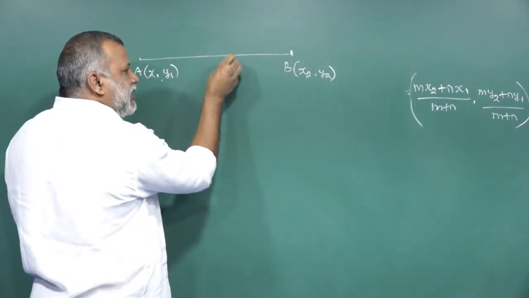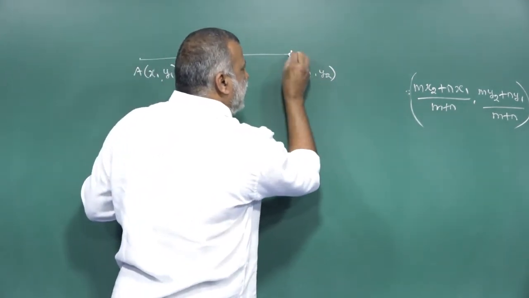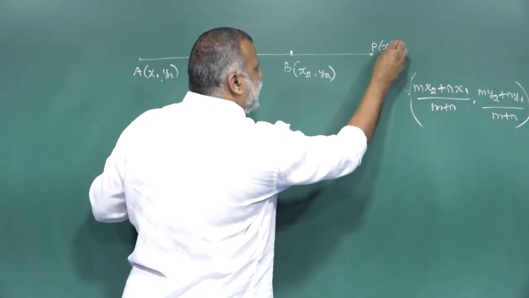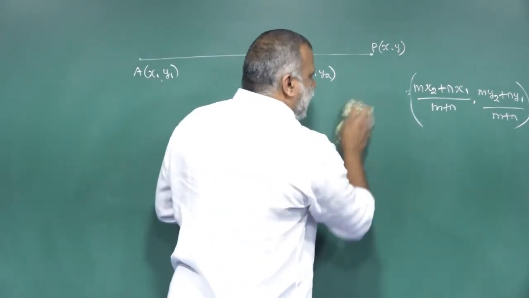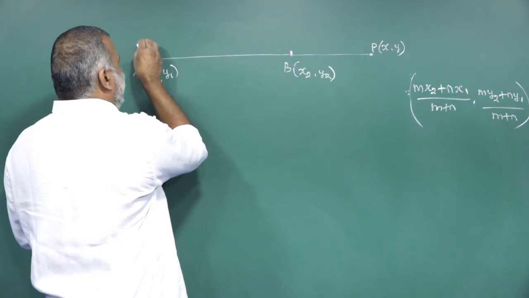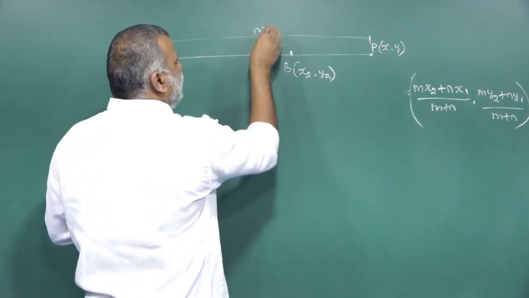Suppose P divides the line segment internally, which means inside. Now the point P is externally. So see here, P of x comma y. So this means externally, in the ratio from A to this, the distance is m.